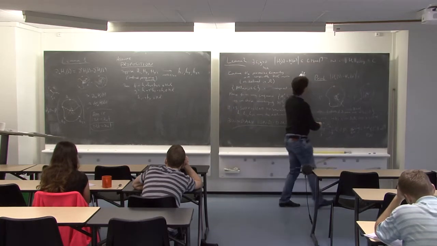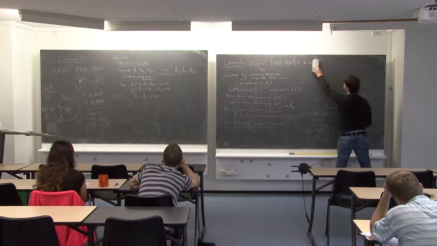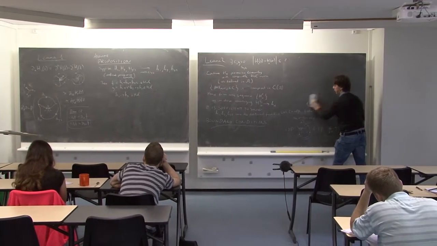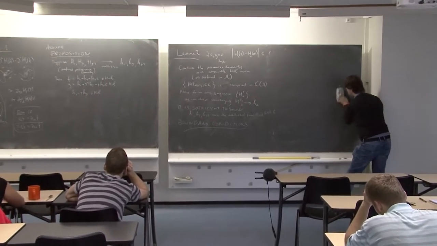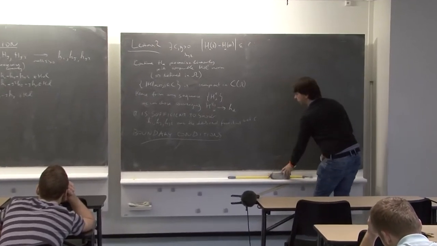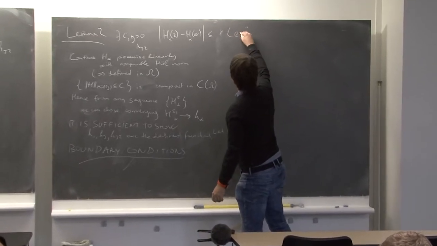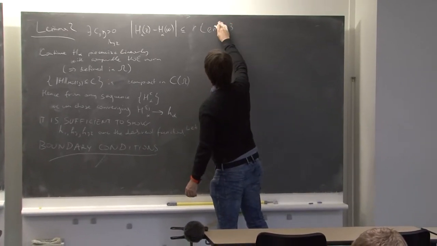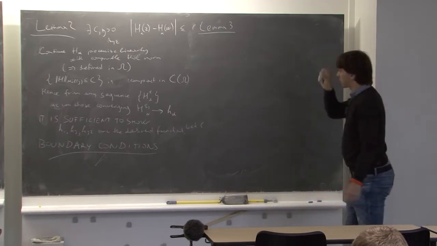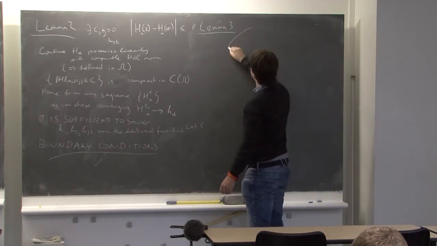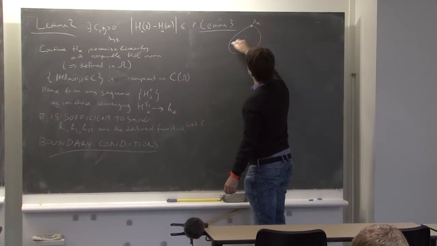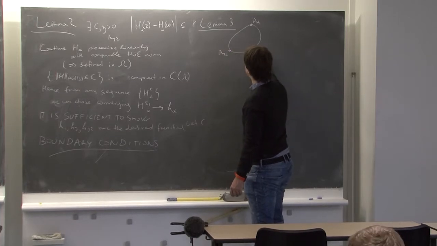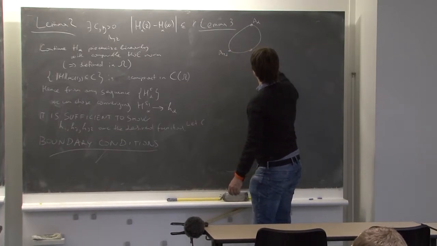Okay, so now we have to do boundary conditions. Let me maybe do it here on the right. So let's say lemma 3. If I take my domain, and these are the 3 points, let's say A alpha, A tau alpha, A tau squared alpha.